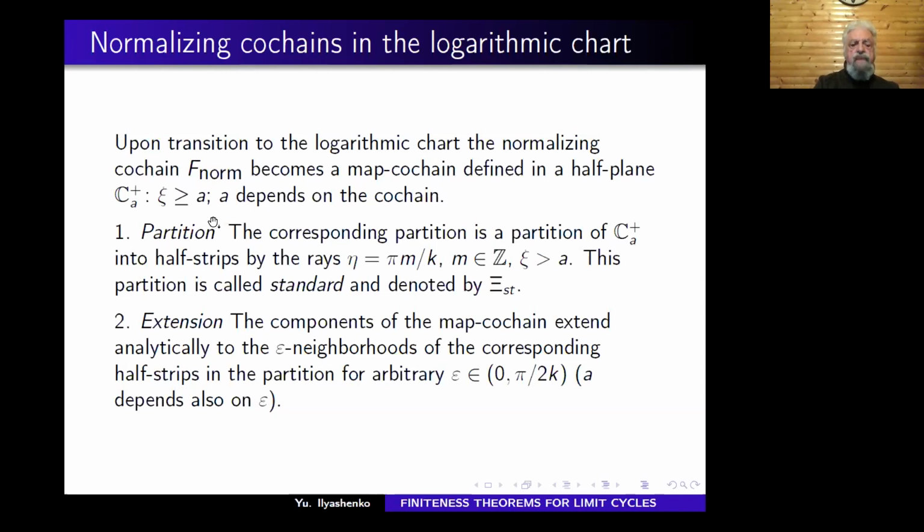And what is a map cochain in general? In general, a map cochain defined in some domain is the following object. First of all, we take a partition of this domain by curves that do not pairwise intersect.